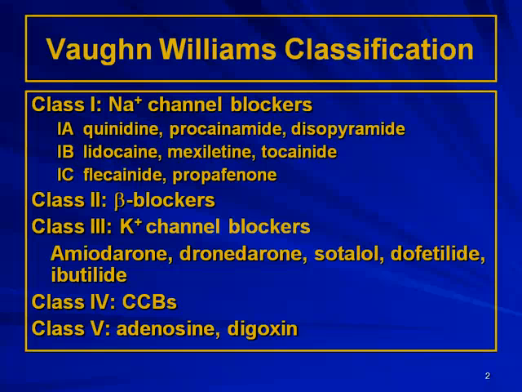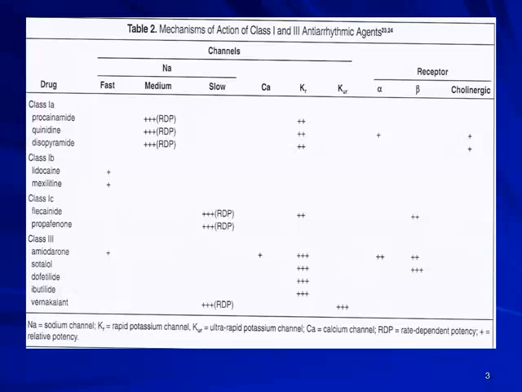So when we talk about traditional or classic antiarrhythmic drugs, it's really the class 1 drugs, the class 3 agents that most people think of as being pure antiarrhythmic agents.